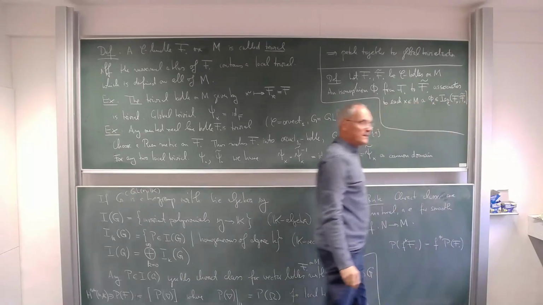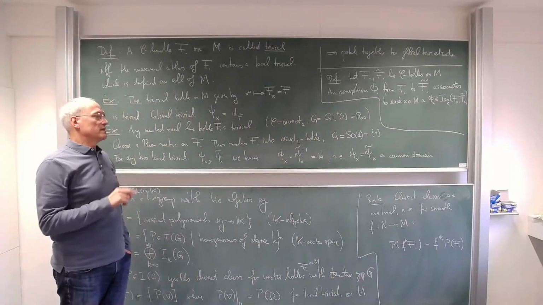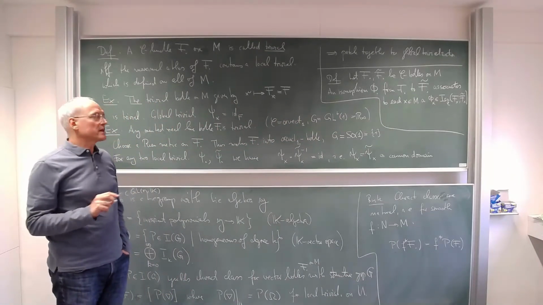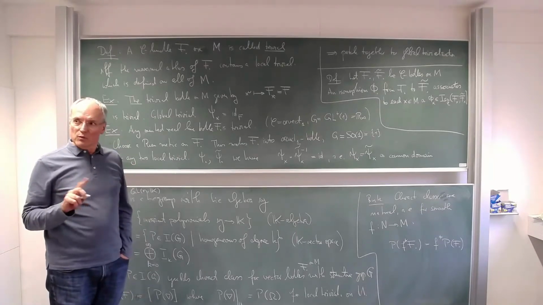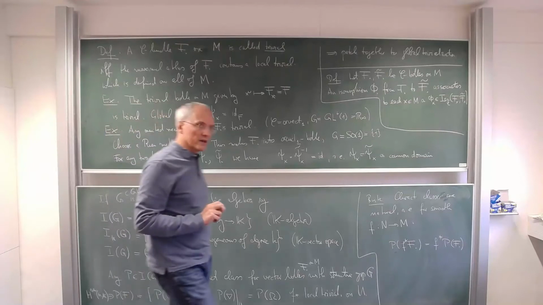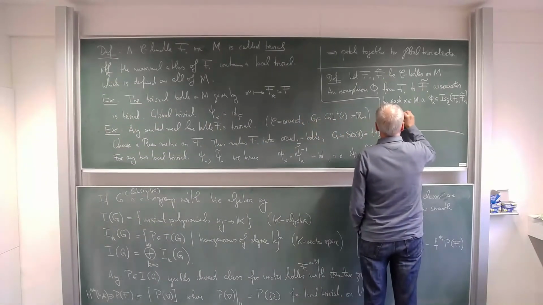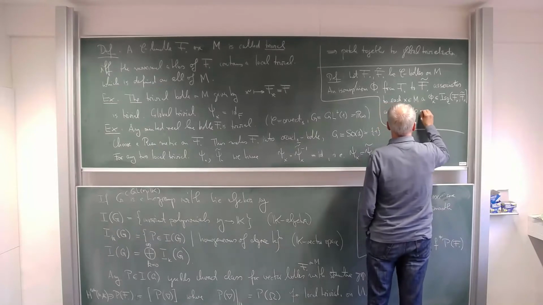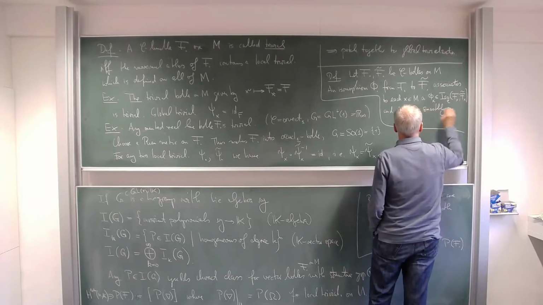In this category, so that would be a pre-bundle isomorphism, if you like. But now I still have to say it's also smooth. It depends smoothly on x. The question is, what does that mean?